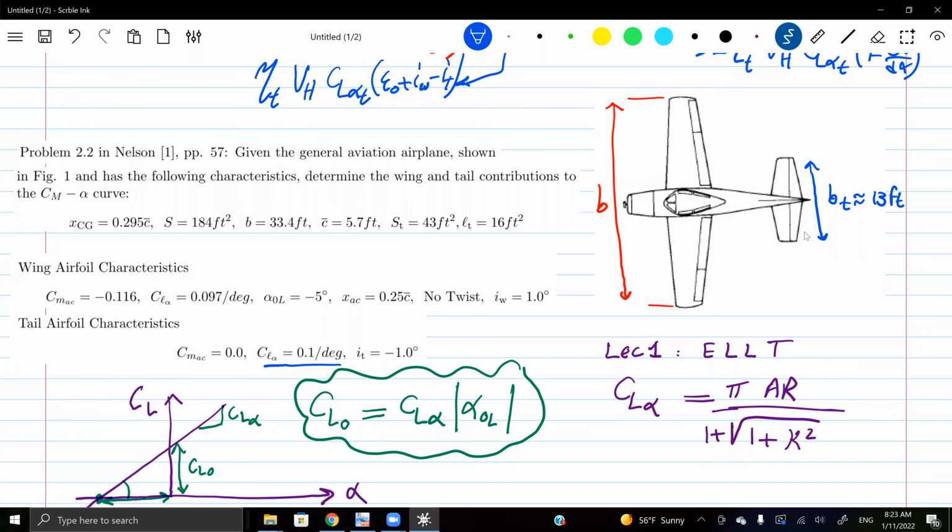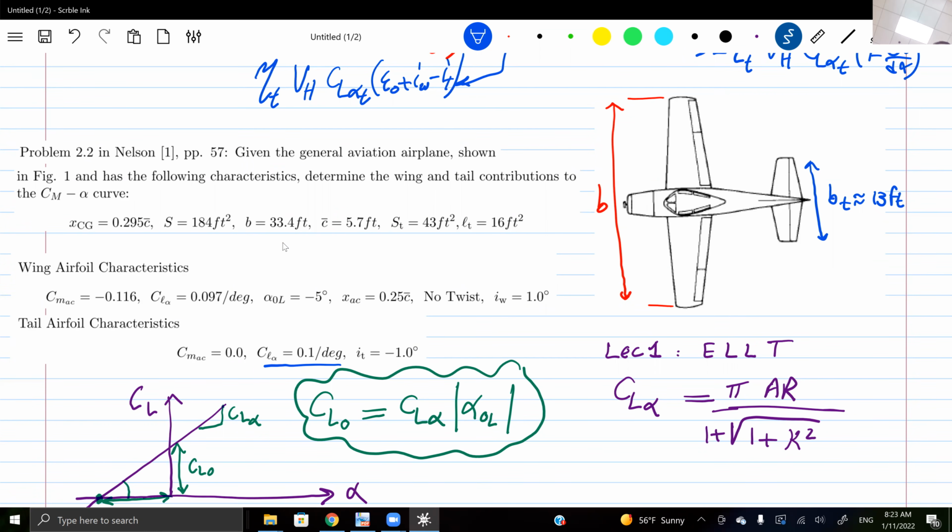Where was this? Sorry, Professor, where was the scale given for B tail? You are given the actual B for the wing here. It's 33 feet. Okay, and I'm going to measure this by my ruler. So say it's 5 centimeters or something.